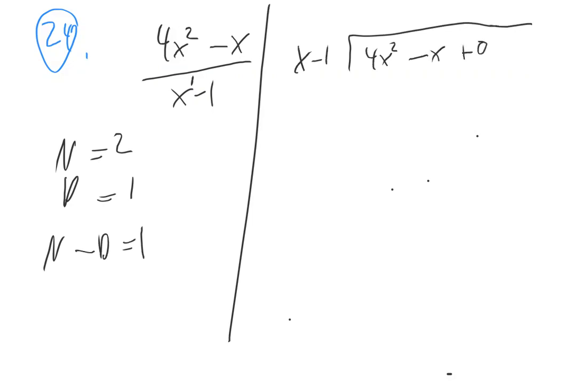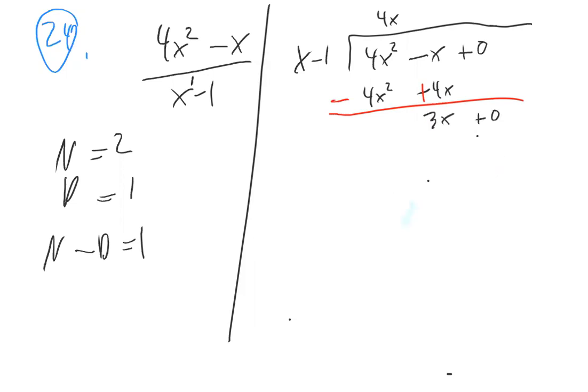So divide the first term into the first term, you'll get 4x. Multiply it back by both terms, so you have 4x squared minus 4x. Switch the signs, negative and then positive, and then add it up. So this will be 0, and this will be positive 3x plus 0.